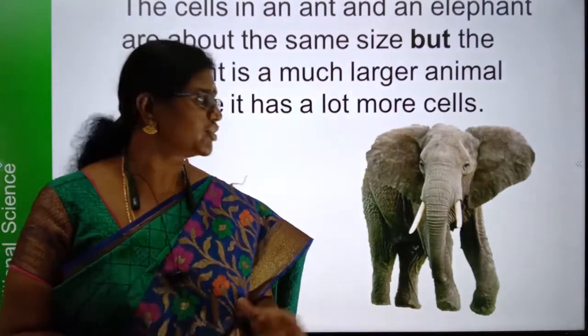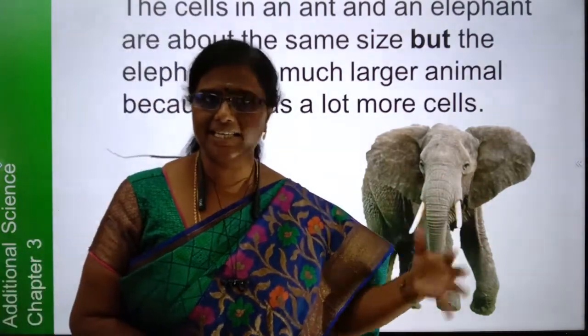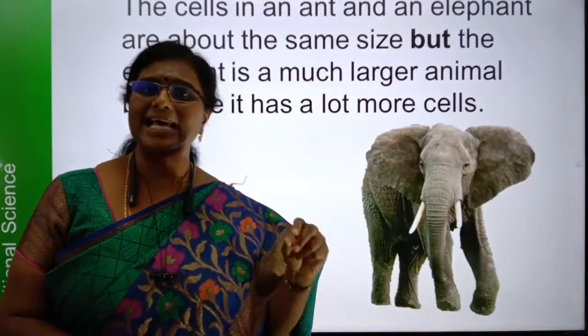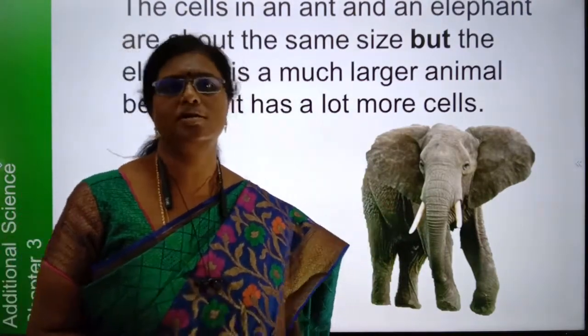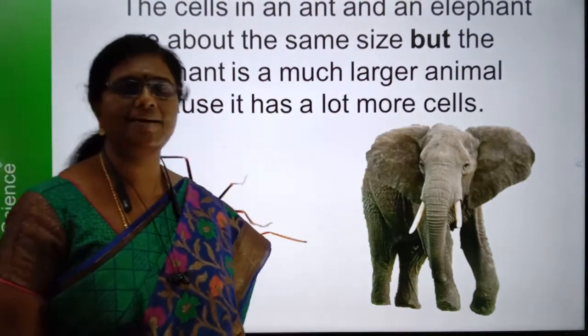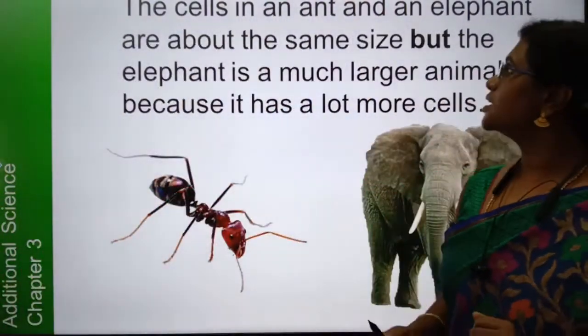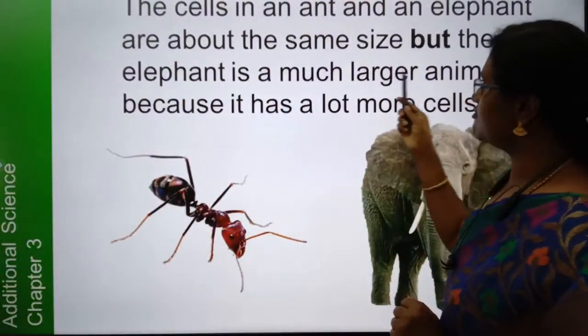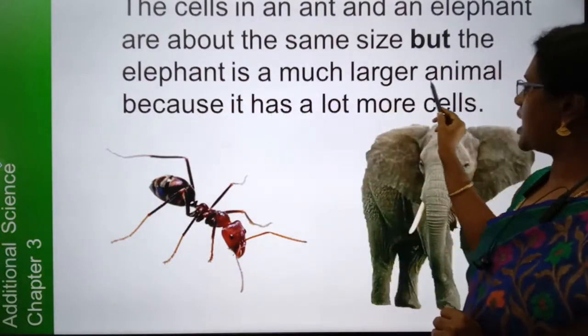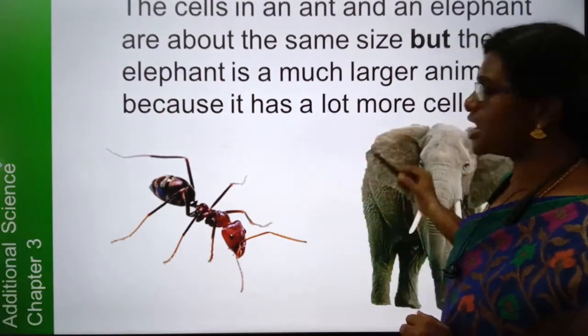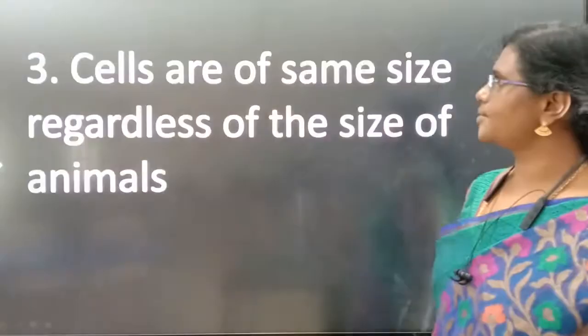If you take an elephant, it is larger in size. It does not mean that the cell size is large, but the number of cells is more. This is what I have given in this slide, that the cells in an ant and an elephant are about the same size, but the elephant is a much larger animal because it has a lot more cells.